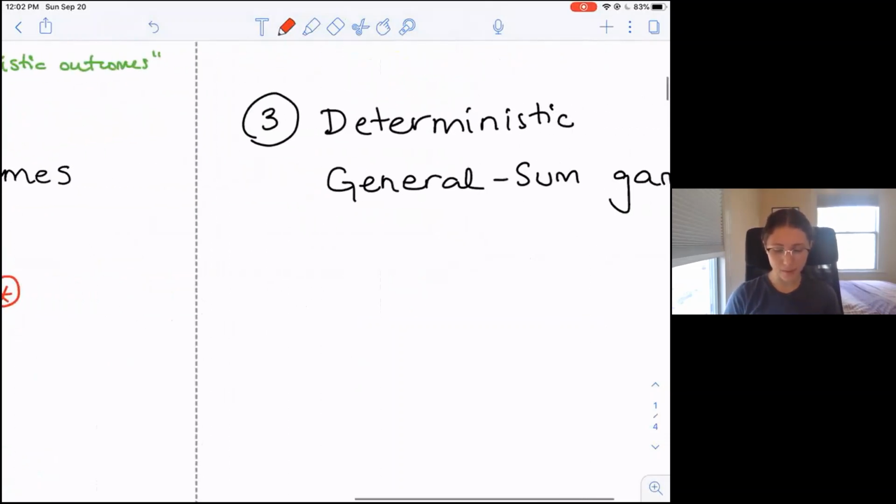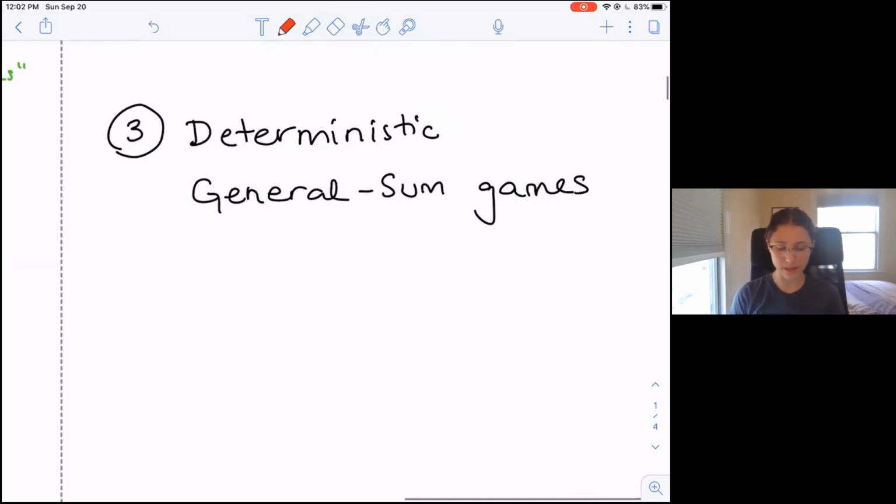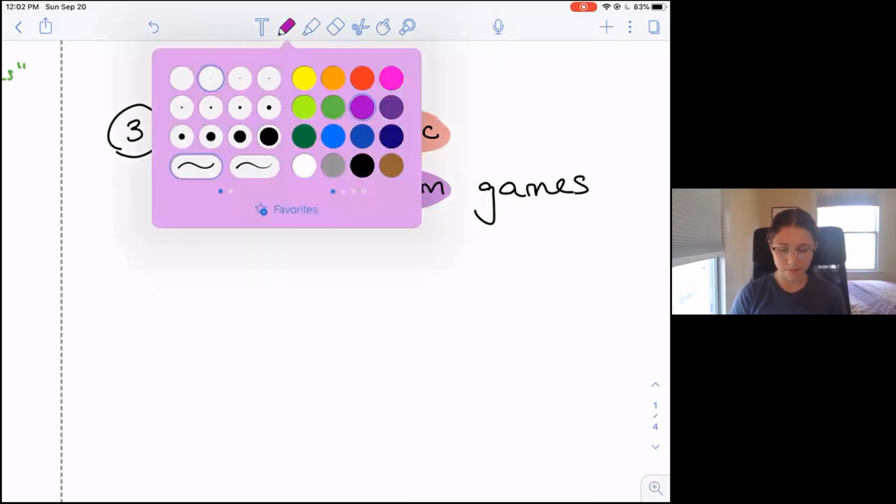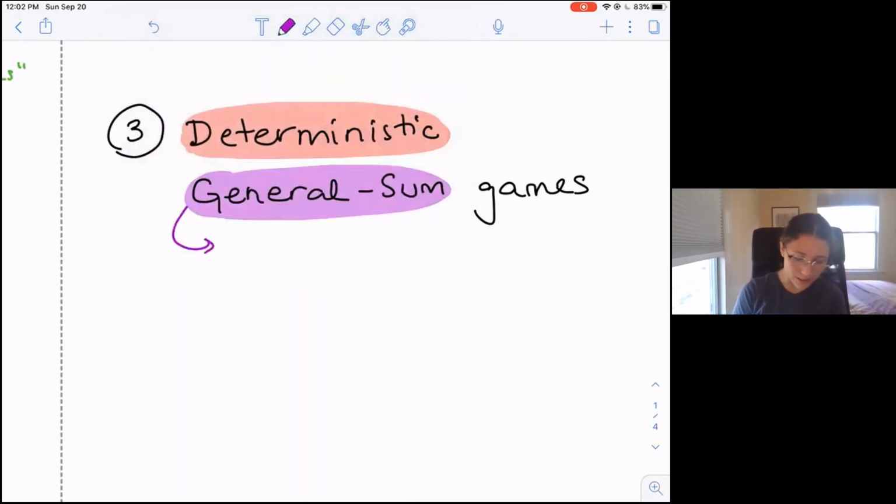Finally, the last type of game we're going to see today in section is going to be a deterministic general-sum game. So we already know what determinism is. We've defined that earlier. But what about this notion of general-sumness? In general-sum games, each player has their own utility.